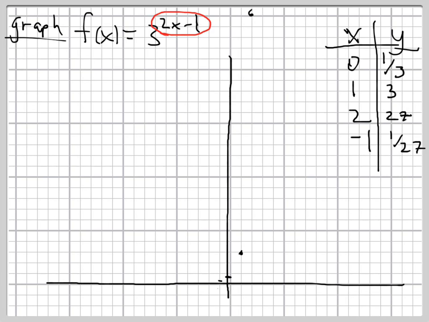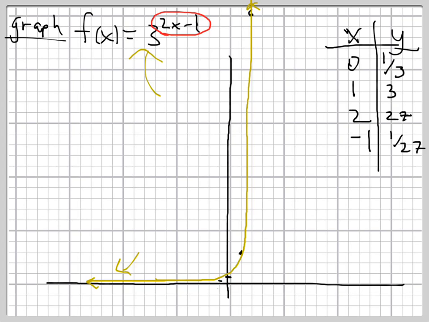So we can see this guy got stretched quite a bit, didn't it? It's going to go really steep, it's going to grow really fast. And it's going to grow off to infinity on this side, and it's going to go down to 0 on that side. How did I know that? Well, it helps to evaluate the function ahead of time and ask yourself, is this growth or decay?